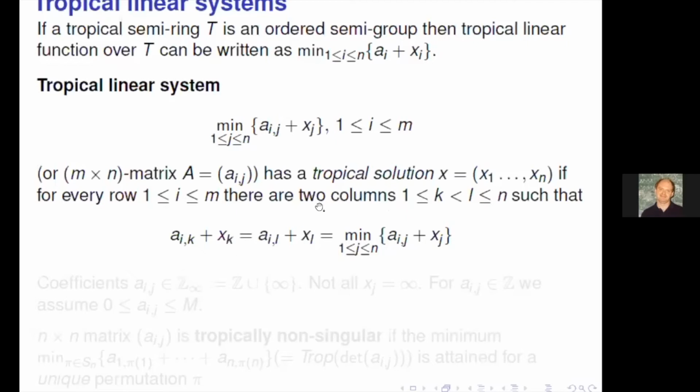That means that x is a solution if for any equation this equality to be the minimum is satisfied for at least two columns.